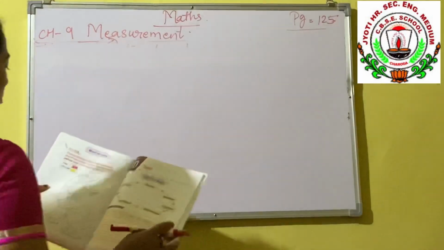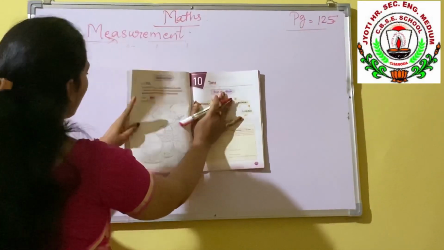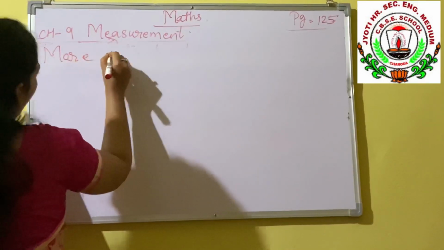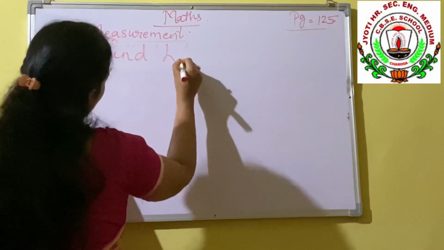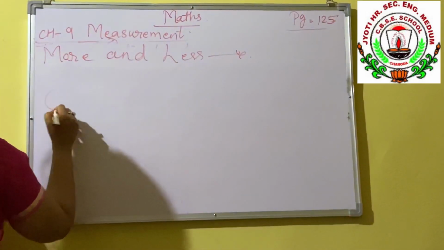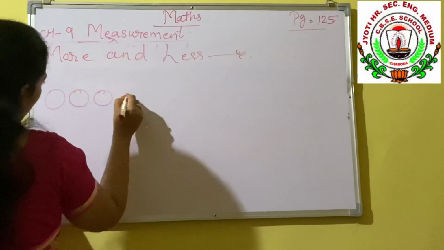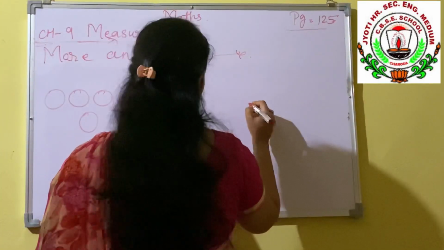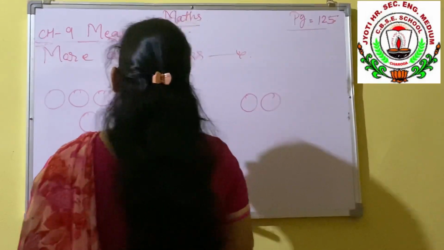Now student, more or less, I already told you, more and less. Here 5 balls are there and here 2 balls are there. Which one is more?